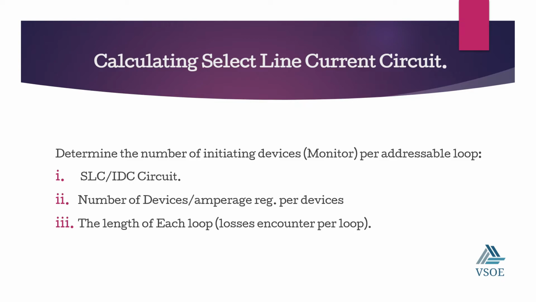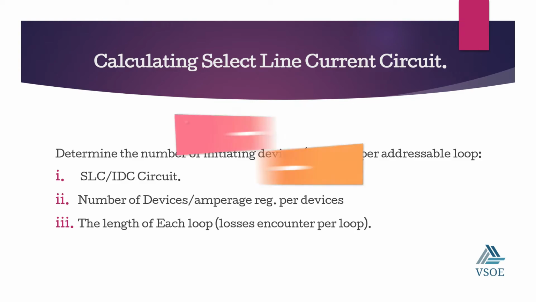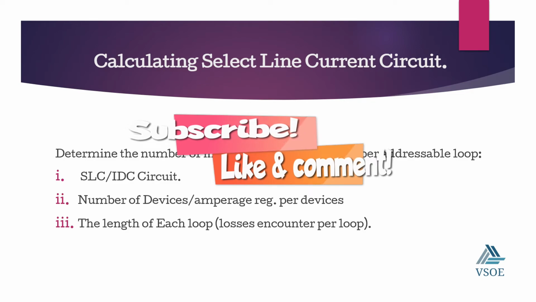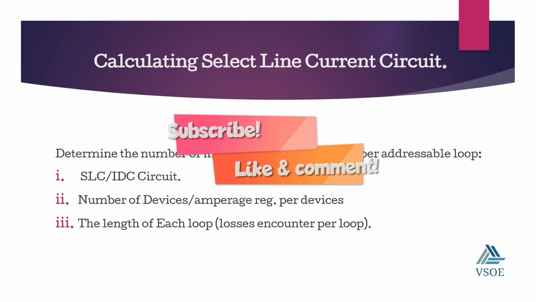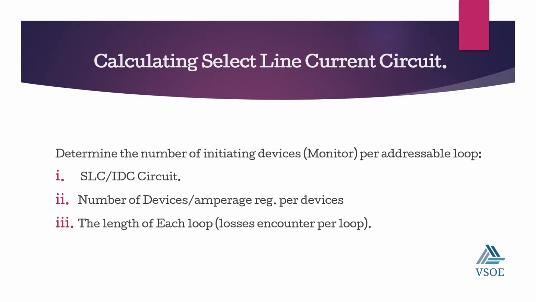So the SLC for the input tells how much devices can go on it. So we can measure the total input value for the select line current for the amount of devices that can be placed on that particular circuit, and then that will determine the number.